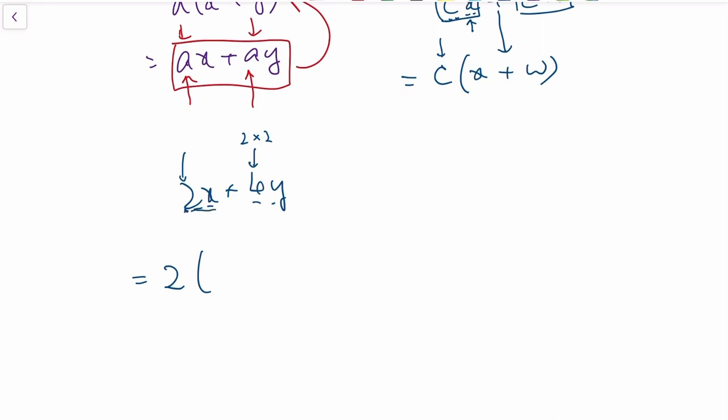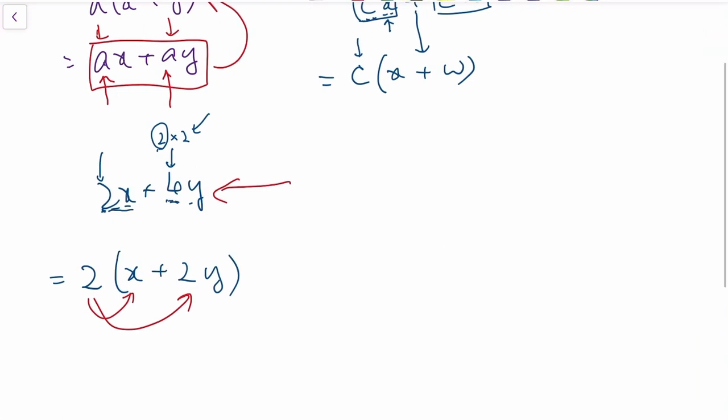For 2x, once 2 is out, we have x left. Then plus, for 4y, the 4 is 2 times 2, so if one of the 2s is out, then you have another 2 left, and then y. An easy way to check whether your factorization is correct is to expand back your answer. When you expand, you're supposed to get what you started with.